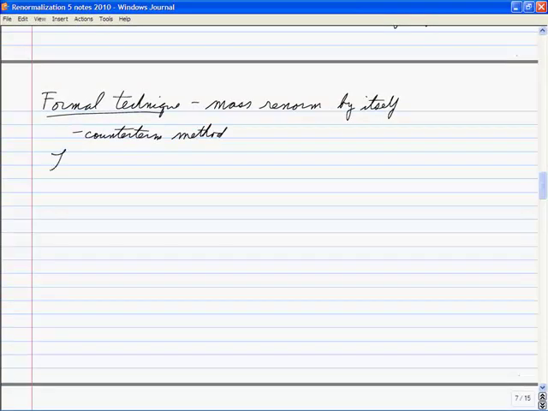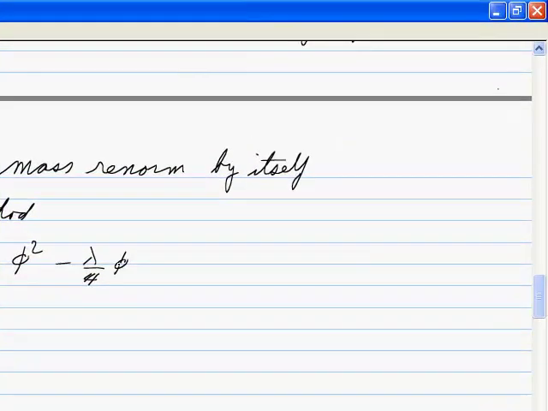Okay. So we imagine starting off with a Lagrangian as 1/2 d mu phi squared minus m0 squared. That's the piece I'm focusing on. Minus lambda over 4, phi to the 4th. And that parameter there is the bare mass.